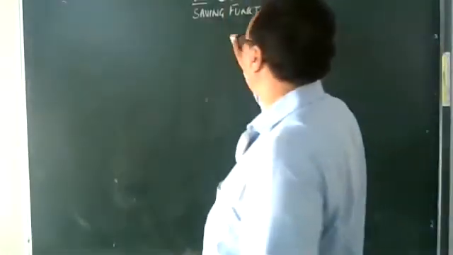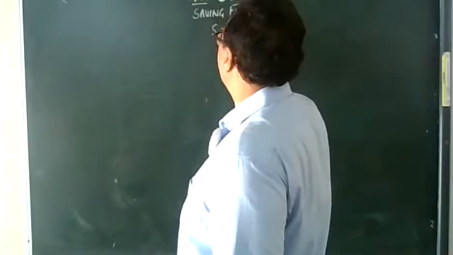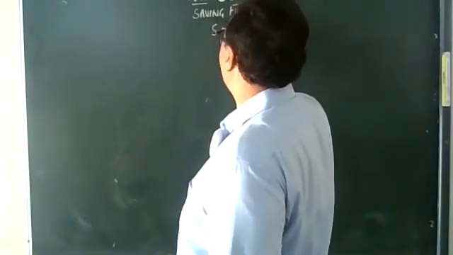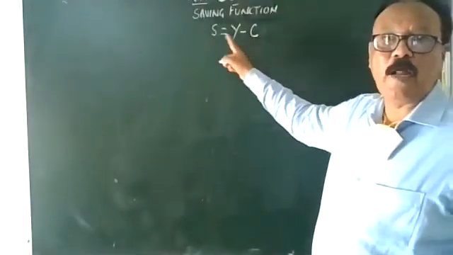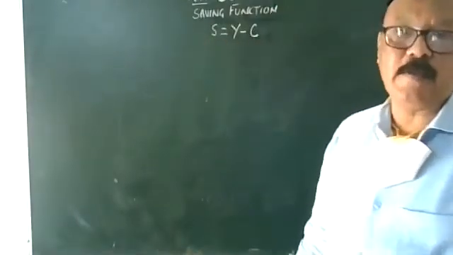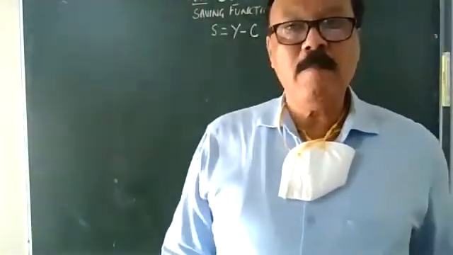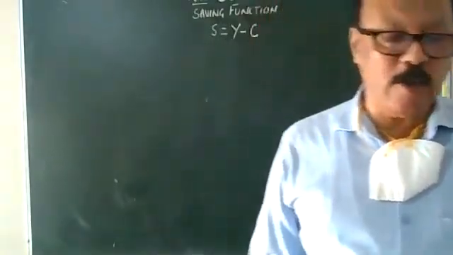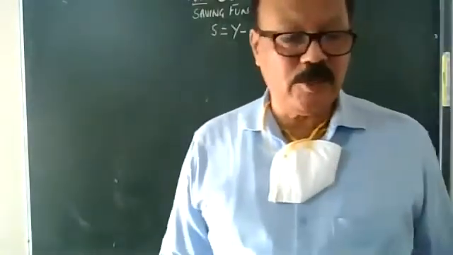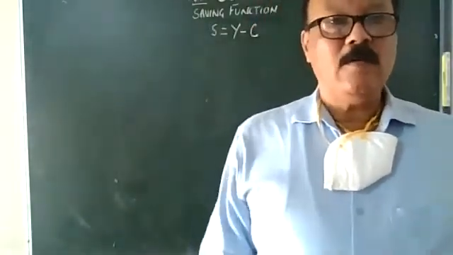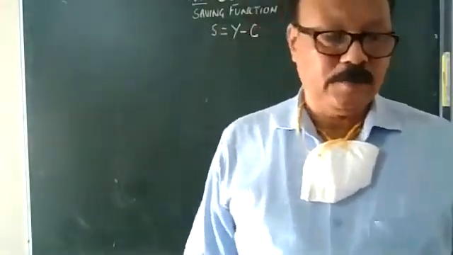So what will you say? Saving is equal to your income minus your consumption. What are you left with? Savings. Whatever your income, you remove your consumption. What are you left with? Savings. Now the saving function, write down saving function.